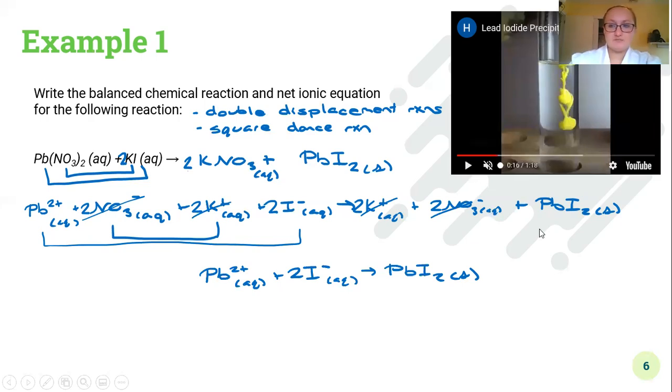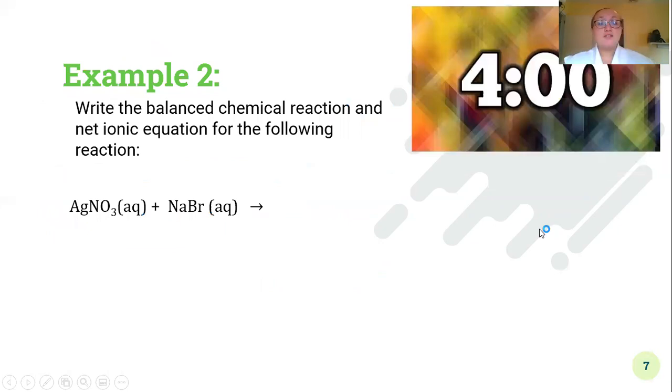All right, scholars, please take 4 minutes to write the balanced chemical reaction and net ionic equation for the following reaction. I'll set the timer and go away.